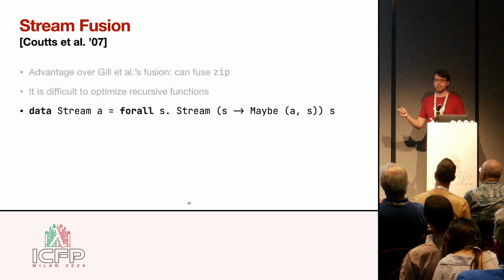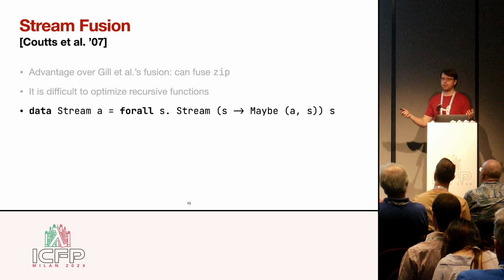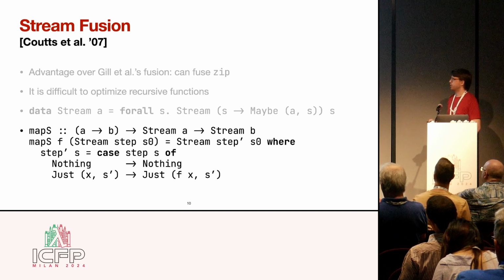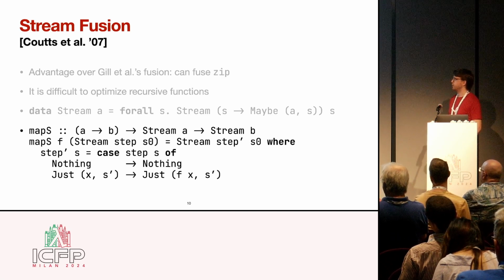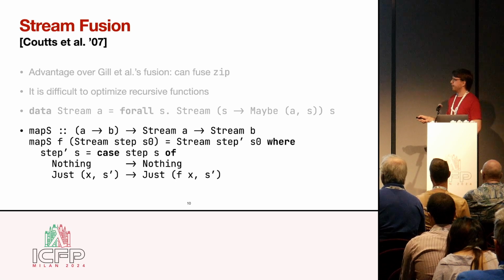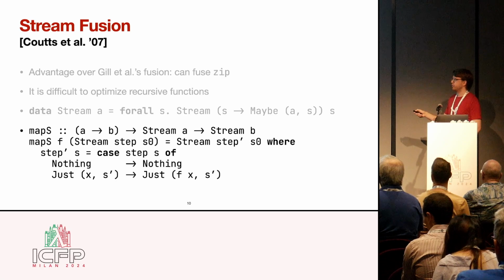Now, the nice thing about these blueprints is that you can write them completely in terms of non-recursive functions, and you can even write combinators on these streams that use no recursion. For example, this map function applies a function from A to B to streams of A to produce streams of B's. For that, it just decomposes the stream and changes the step function slightly. The initial state remains the same.